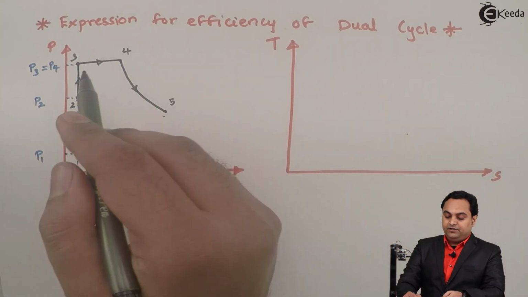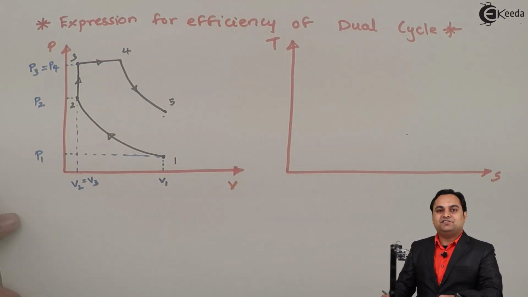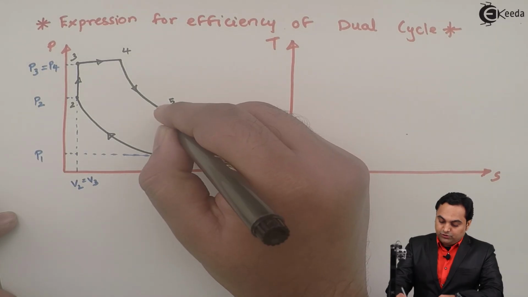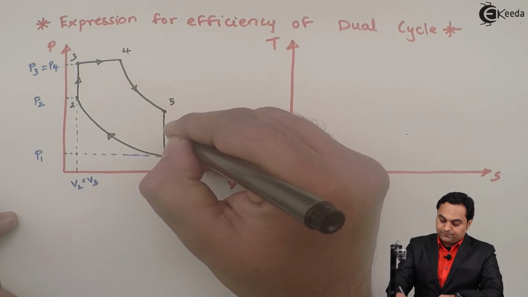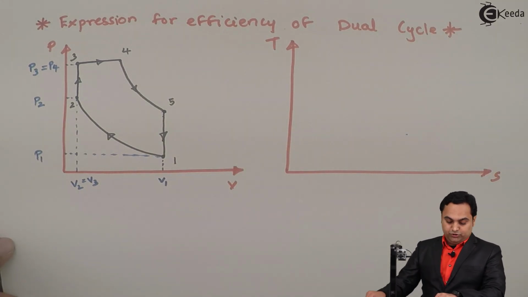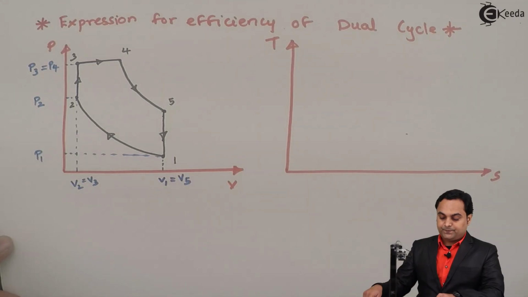So fuel has been added from point 2 to 3, then 3 to 4, and then expansion starts. Next, process 5 to 1 is constant volume heat rejection. So here we see that volume at point 1 and point number 5, they are same.